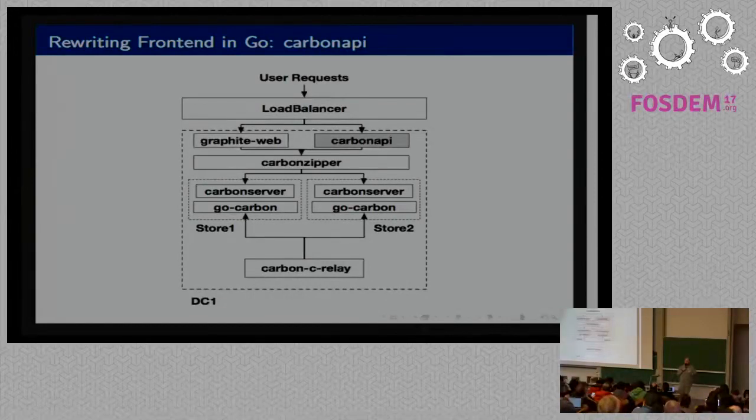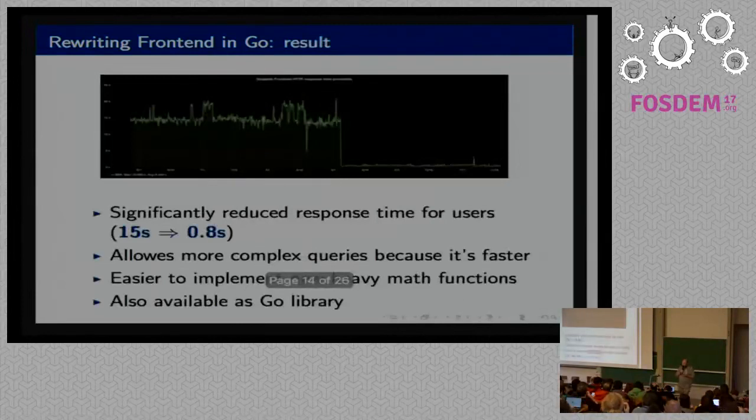When we started doing monitoring, we saw that people do a lot of requests, and Graphite Web uses really a lot of CPU. We tried to fix it, optimize it, play with it, but in the end we started writing our own implementation of Graphite Web in Go called Carbon API, and that allowed us to serve really a lot of requests.